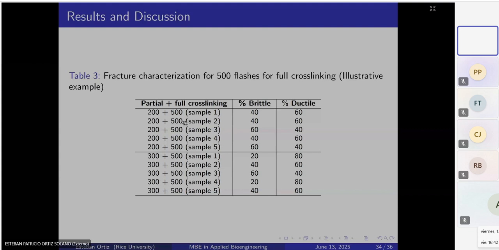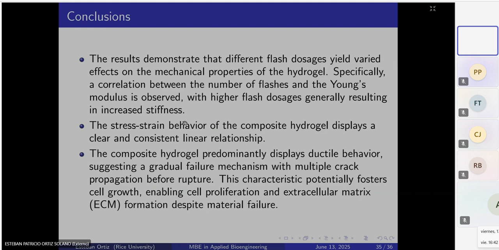So we now have a lot of challenges in this field of engineering. We control just a specific point, but until now we are not sure how we can control other aspects of the material so we can exactly mimic the behavior of the tissue. The conclusion is that there is a specific amount of flash dosages that you can provide to this material.